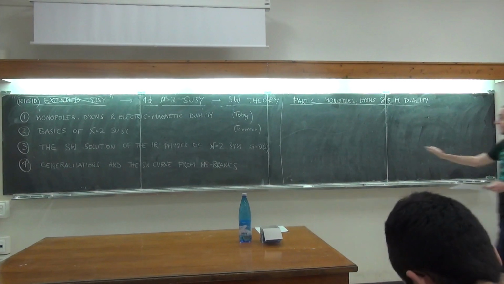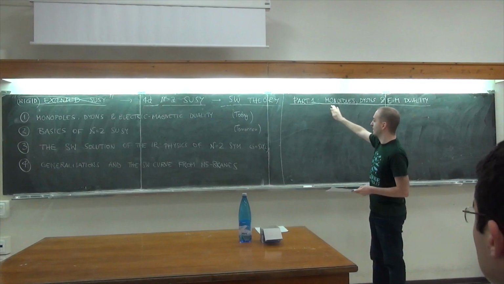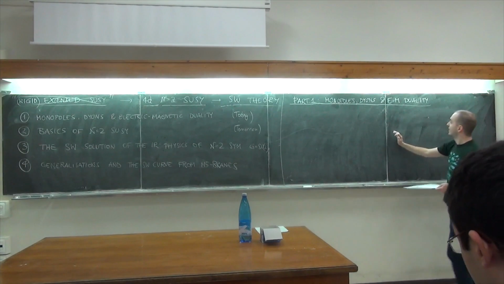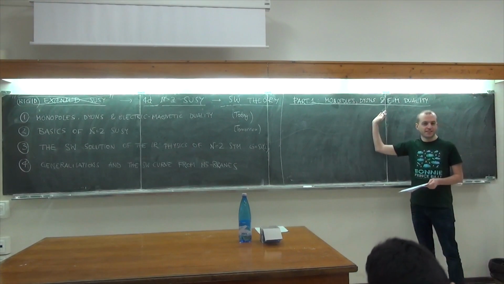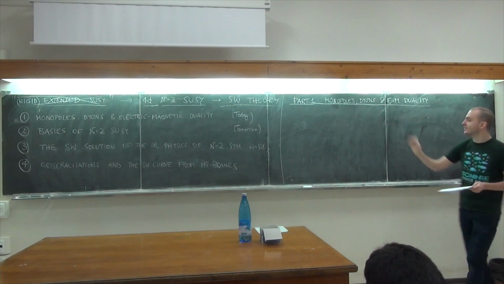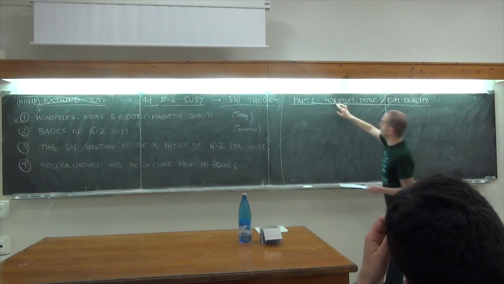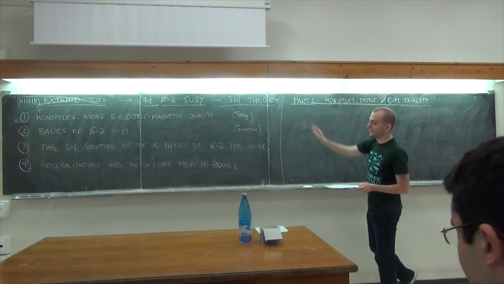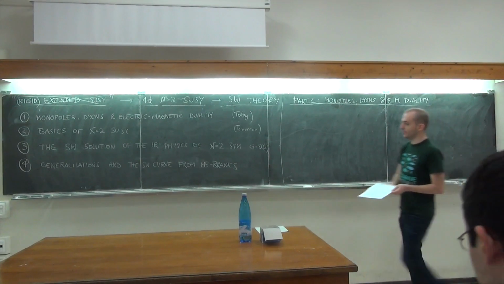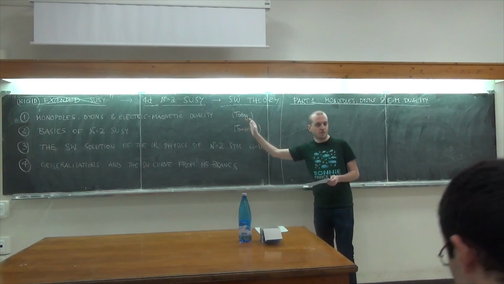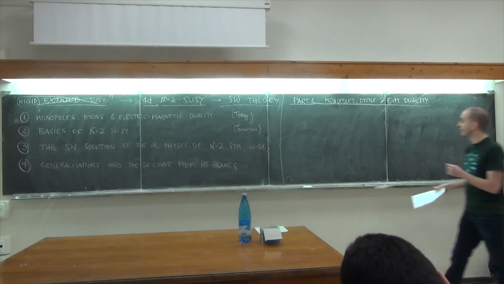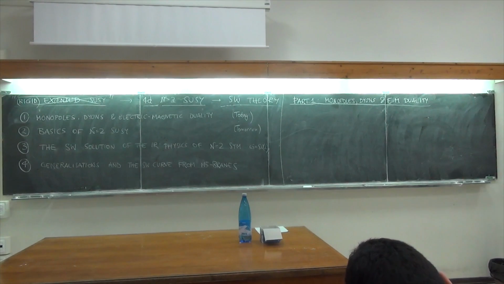Okay, so I should say that in this part 1 there would be a lot to say about monopoles and dyons and so on. I won't teach a course just on them, so I will only briefly cover some of the material that we will need later, so that the concepts that we'll use are not completely alien to you. But there are many reviews on monopoles.